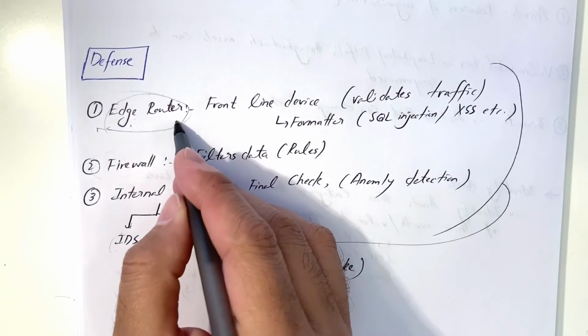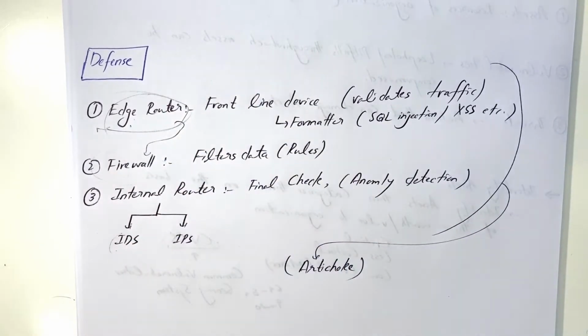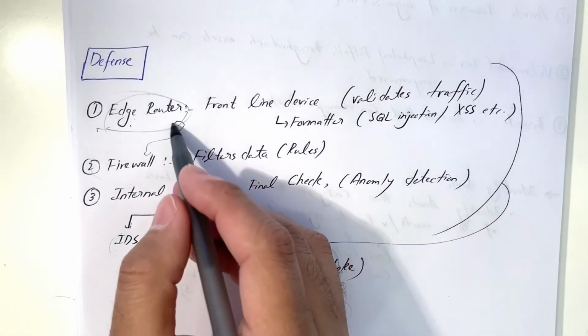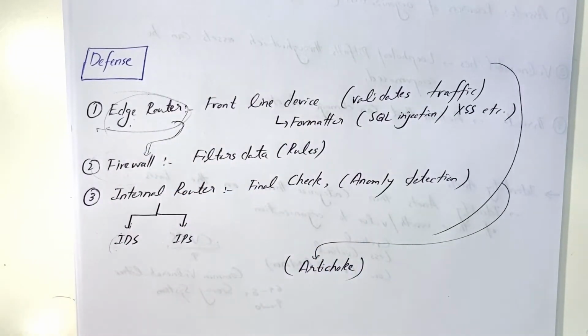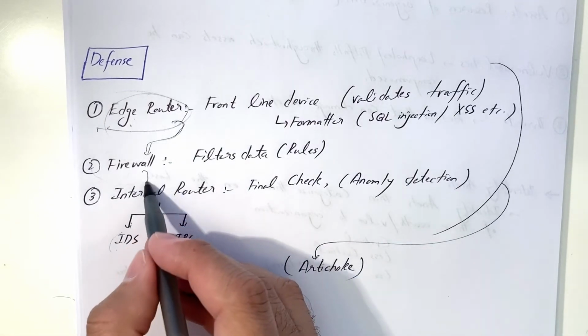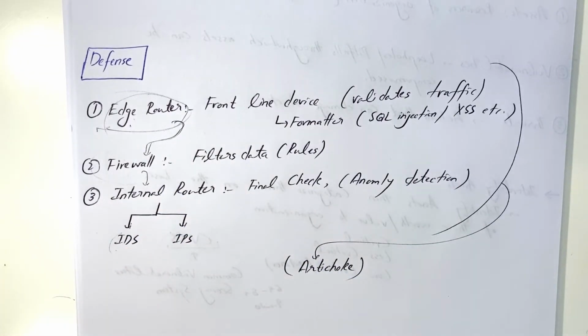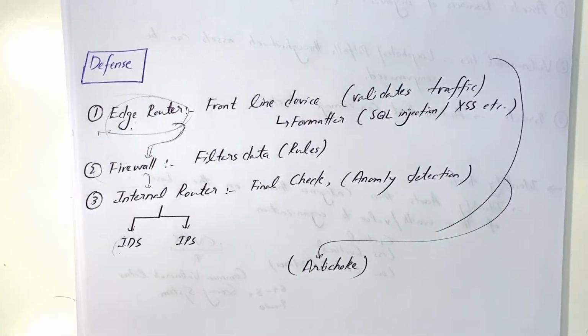Like for example, if the edge router passed it, the firewall will let it go. No, that's not the case. If the edge router passes it, the firewall will do its own job, will validate the traffic based on the rules. Then after the firewall, when the packet gets to the internal router, it will do its job regardless of what the firewall did and all that stuff.